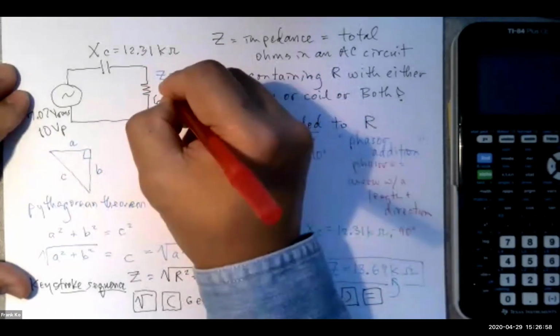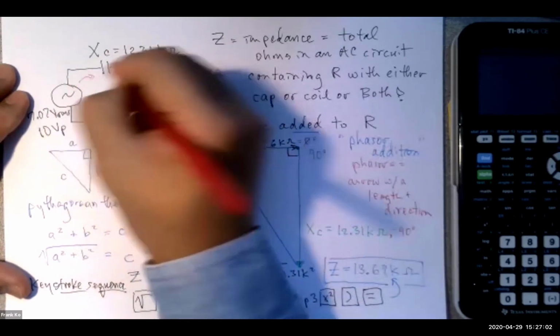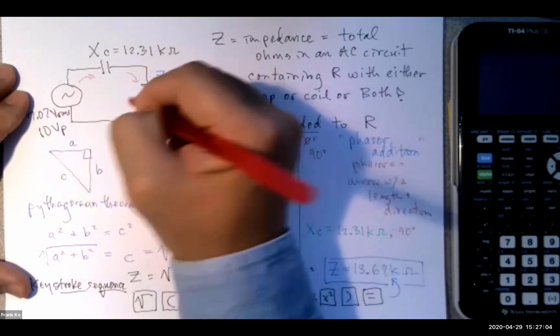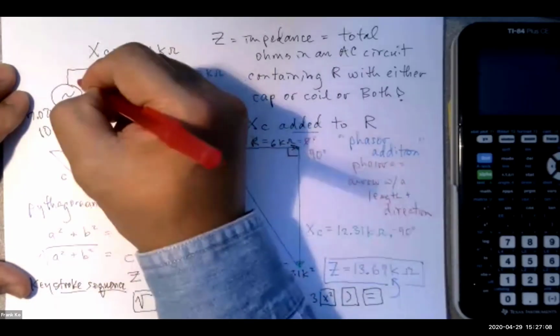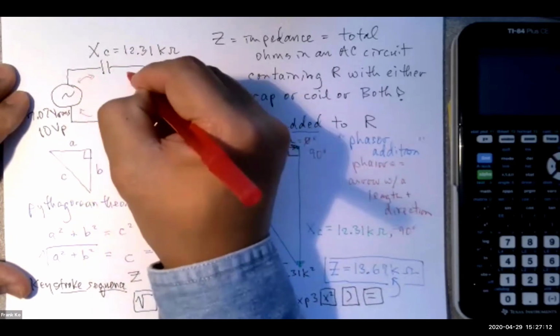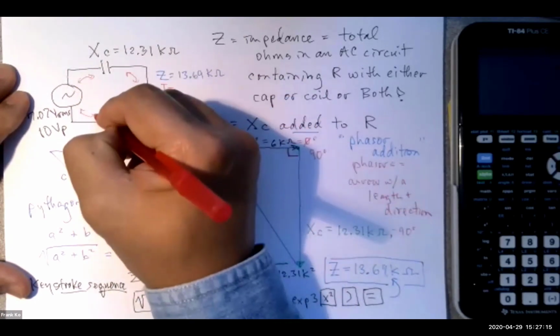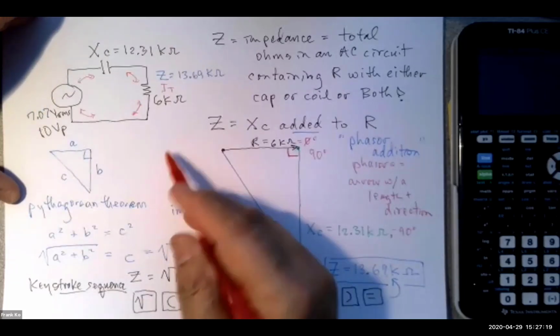I now want I total. How much electricity is flowing in this particular circuit? Now, the direction of current alternates. Part of the time it's going clockwise, part of the time it's going counterclockwise. So the direction of current in this case is not as important as the amount.